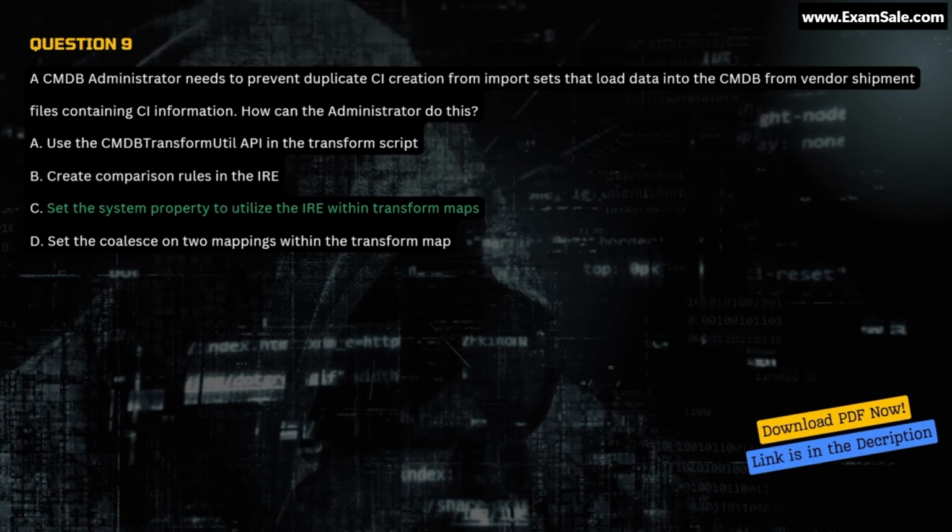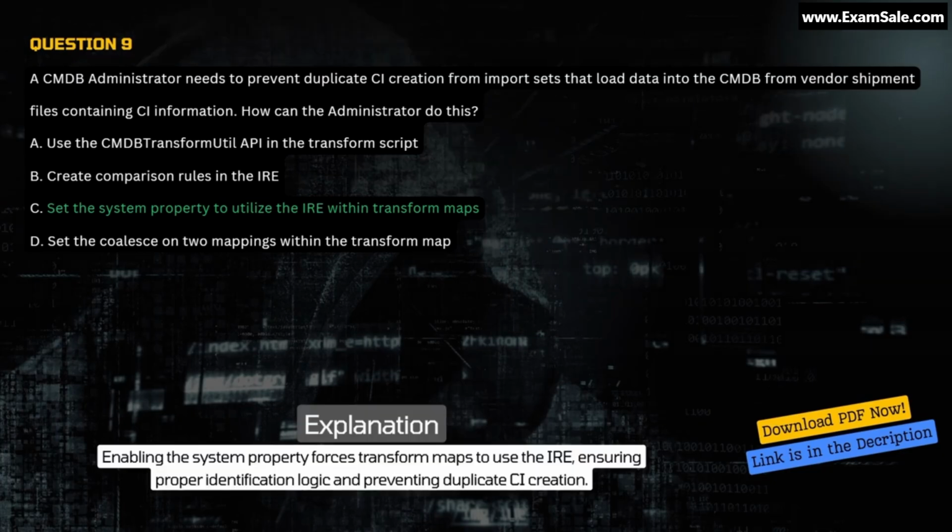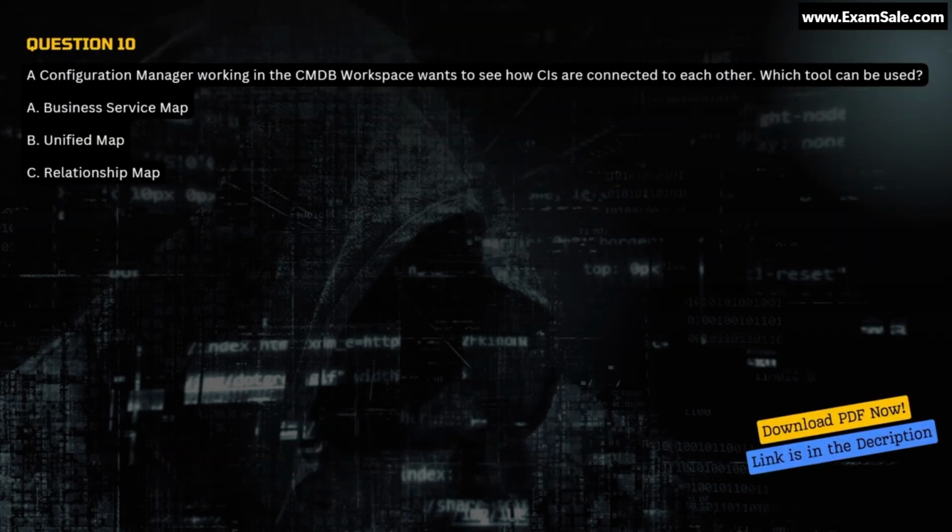Correct answer C. Set the system property to utilize the IRE within transform maps. Explanation. Enabling the system property forces transform maps to use the IRE, ensuring proper identification logic and preventing duplicate CI creation. Question 10. A configuration manager working in the CMDB workspace wants to see how CIs are connected to each other.